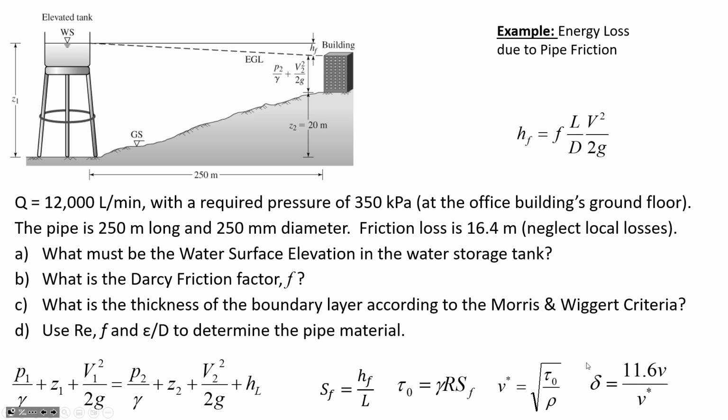The cross-sectional area of this pipe is 0.04909 square meters. So the velocity is the flow rate of 0.2 cubic meters per second divided by the area of 0.04909 square meters. So the water's flowing at 4.074 meters per second.